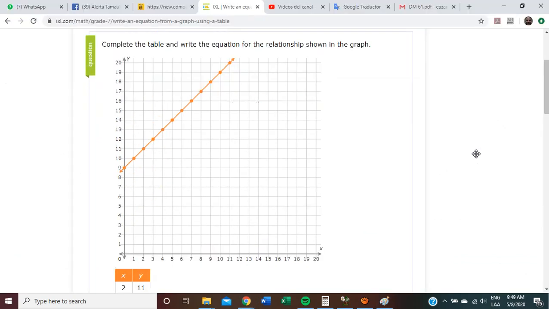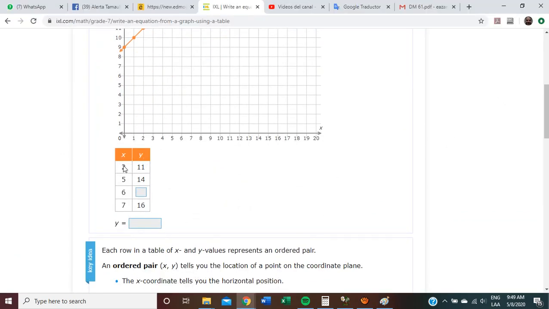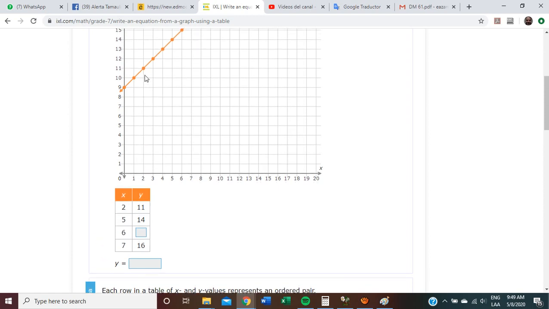So we have a question right here. When x equals 2, we know that y equals 11. When x equals 5, we follow this line, and we know that y equals 14.